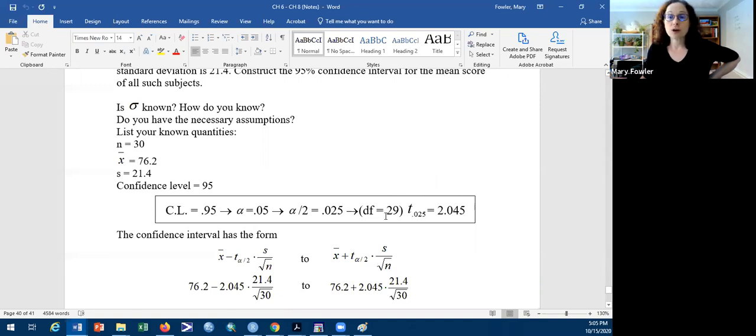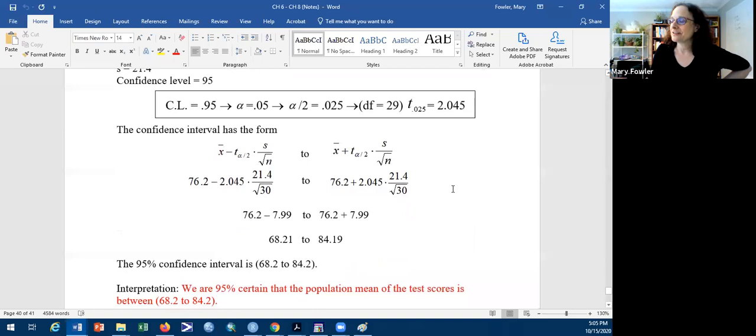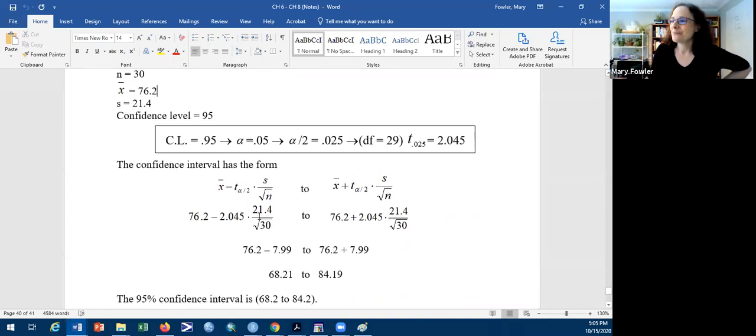So going to the row for degrees of freedom 29, over to T sub 0.025, go ahead and put your finger on that and see that you can find T sub alpha over 2 is equal to 2.045.